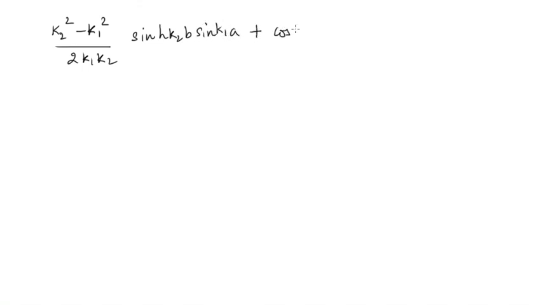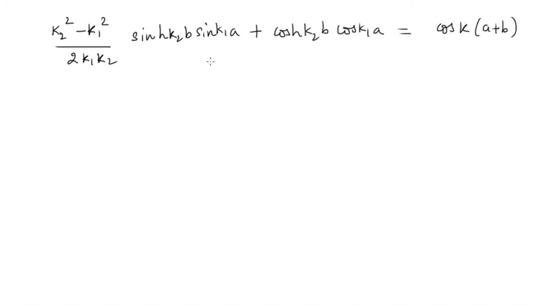What was my equation? Once again I write for you. k2 square minus k1 square upon 2 k1 k2 sine hyperbolic k2b sine k1a plus cosine hyperbolic k2b cosine k1a is equal to cos k(a plus b).